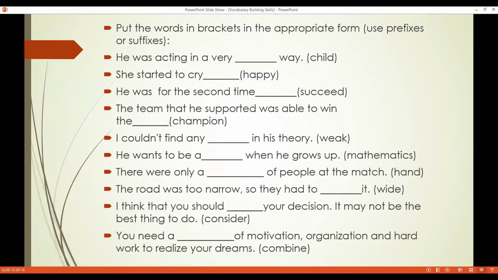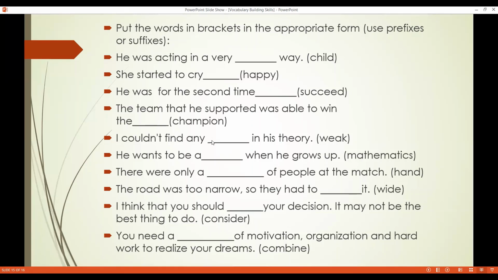Then the exercise: put the words in brackets in the appropriate form, using prefixes or suffixes. We will do one or two, like, he was acting in a very dash way. We are going to add ISH as a suffix, and that will make it childish. Or if I go to sentence number 5, I couldn't find any dash in his theory.